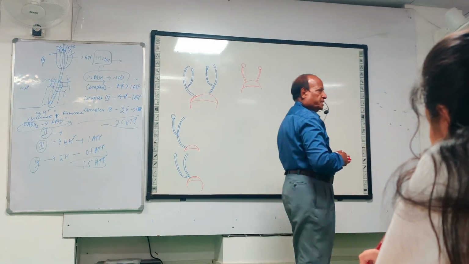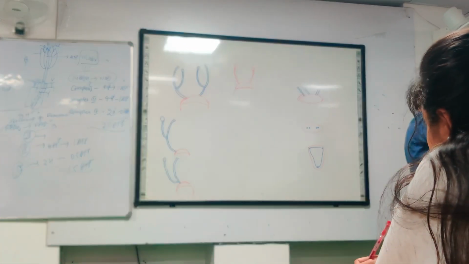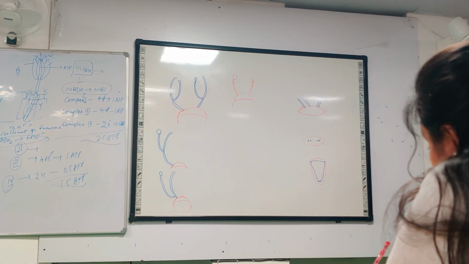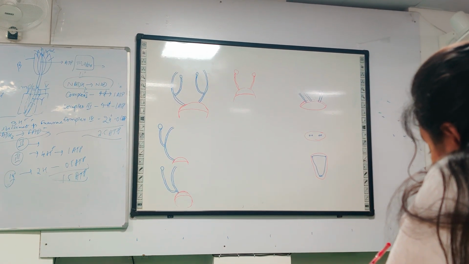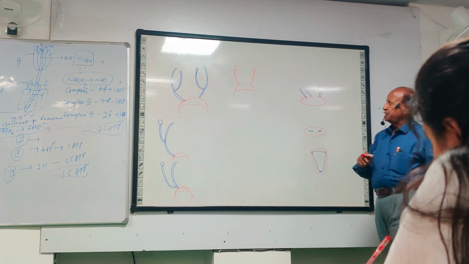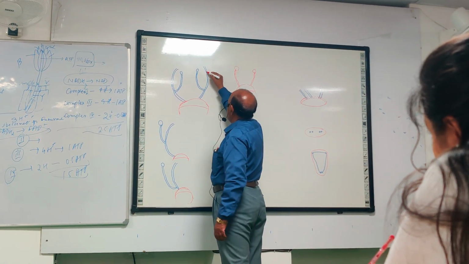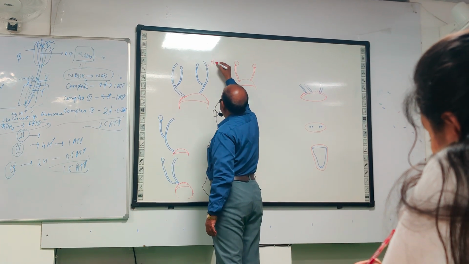Development of the kidney. I think it is clear to all of you how the kidney develops. If you see this diagram, this is the mesonephric duct.